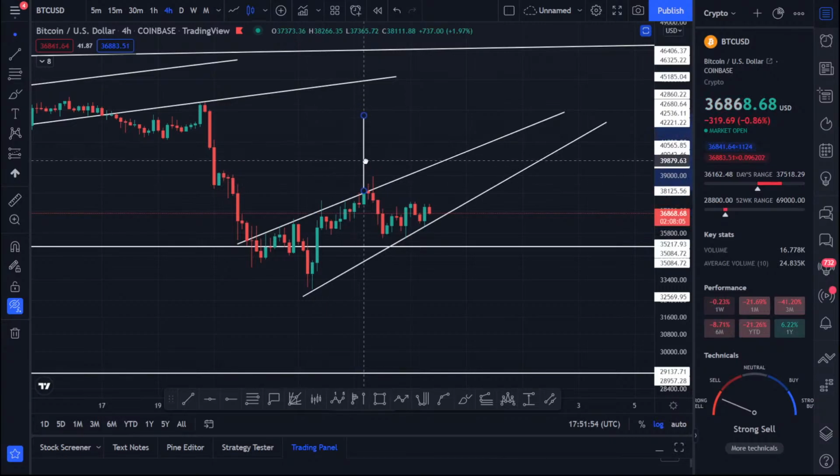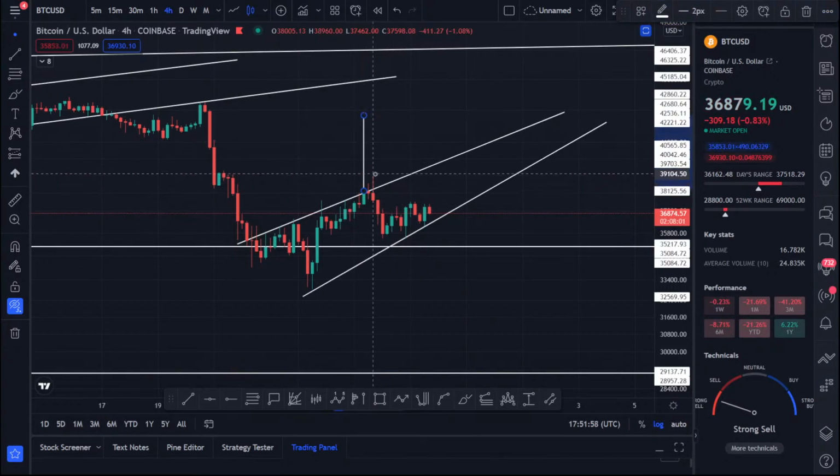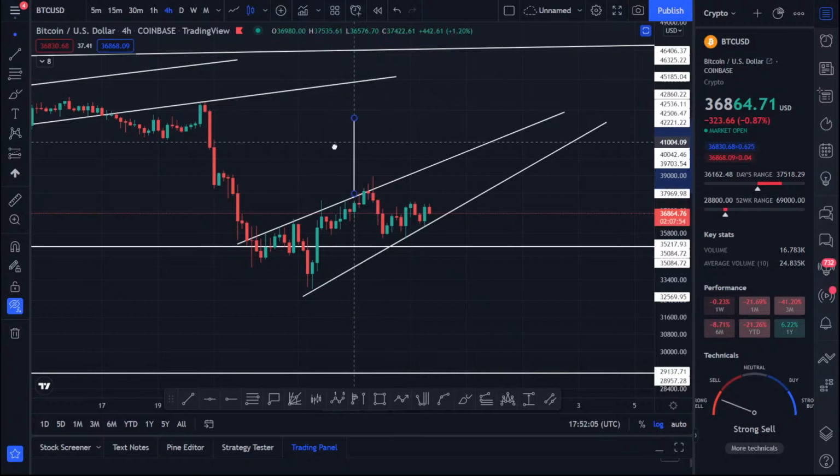So it was supposed to break the resistance, but it never did. It came out of it, but you know that the Fed came in and said they were going to raise the interest rates in March, and that ended up in a pullback.